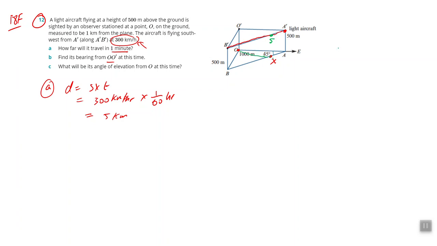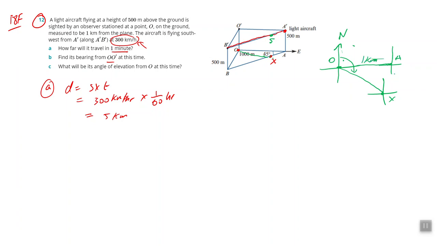Okay, so let's draw this as a 2D diagram. We've got the north position. This is my O, this is my X, and I'm trying to find the bearing from O to X, so it'll be this bearing here. There's also another location, A. We know O to A is 1 kilometer.